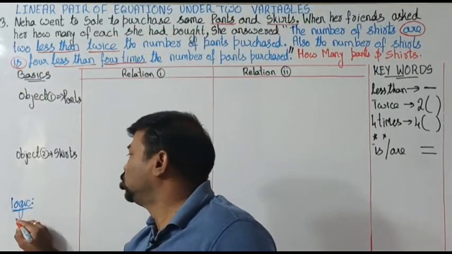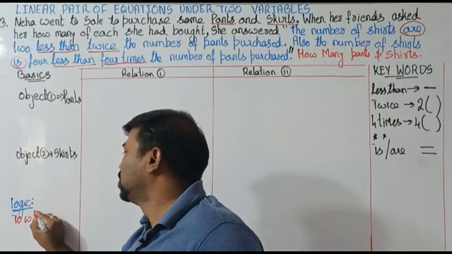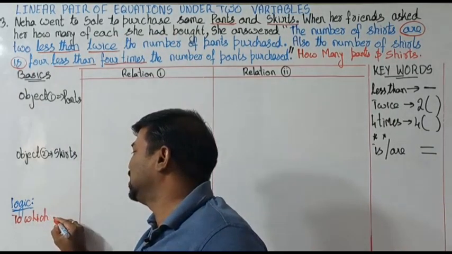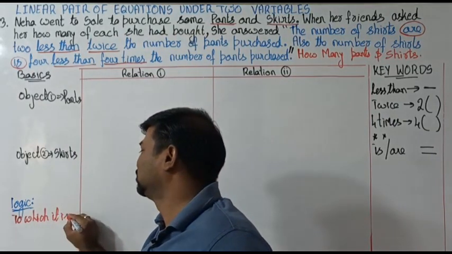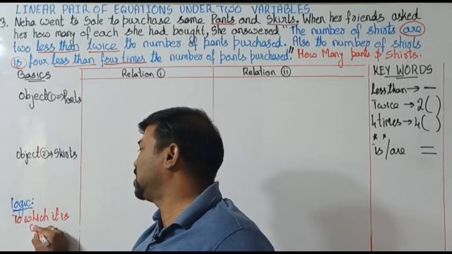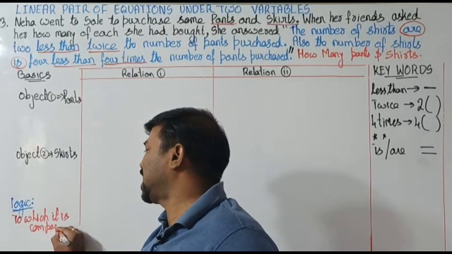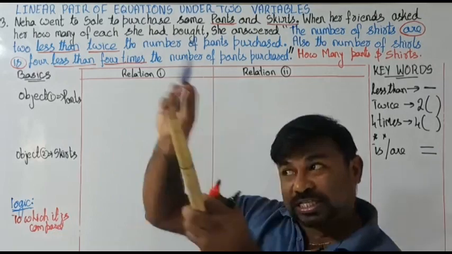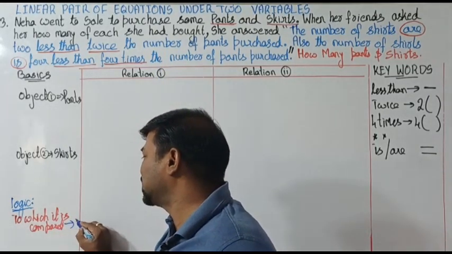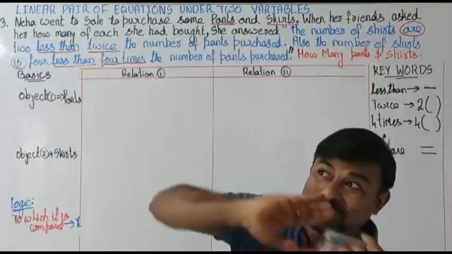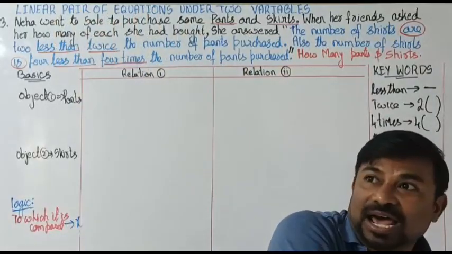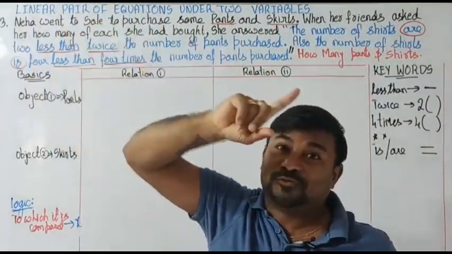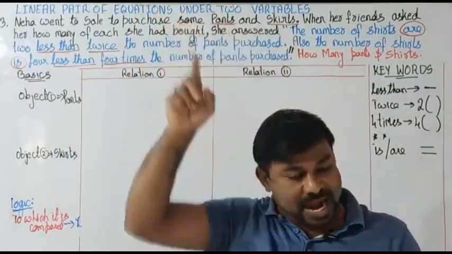To which it is compared, please remember, you take it as X. Skirts are compared to the pants. Therefore, to which it is compared? To the pants.